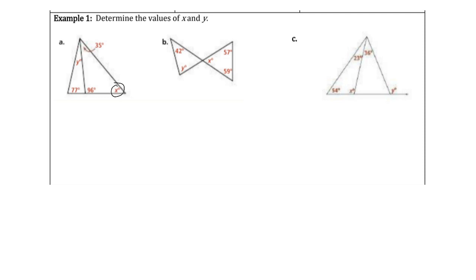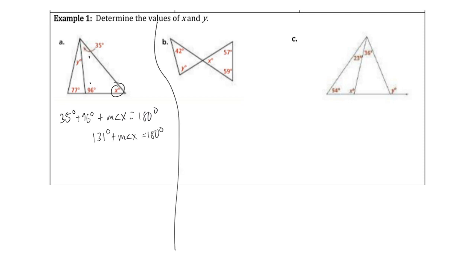I think finding x first is easiest because we have two angle measures and we know all three equal 180. So we set 35 degrees plus 96 degrees plus measure of angle x equal to 180 degrees. Adding these together, you get 131 degrees plus measure of angle x equals 180.